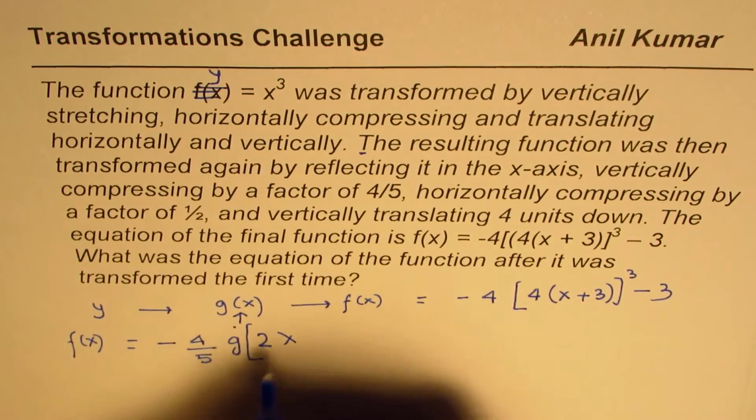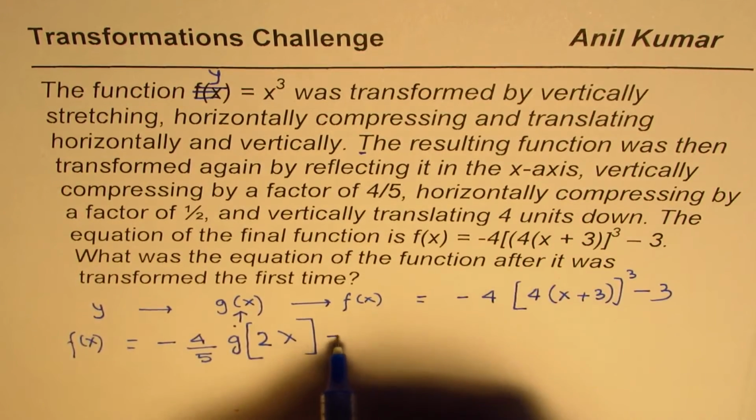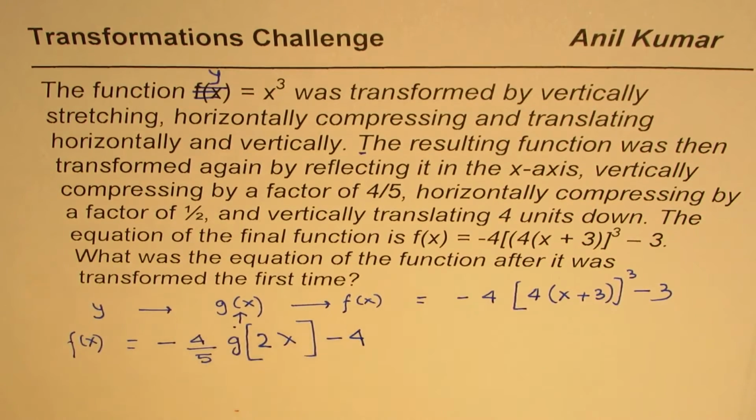So that is horizontal, and then 4 units down means minus 4. So this is what you get. So what we're trying to say is that applying the transformation, we get f of x as minus 4 over 5 g of 2x minus 4.